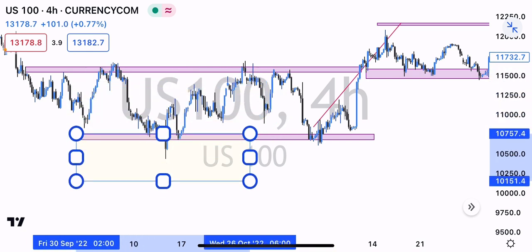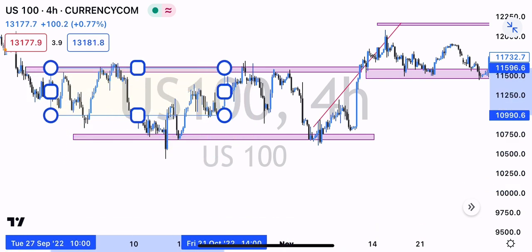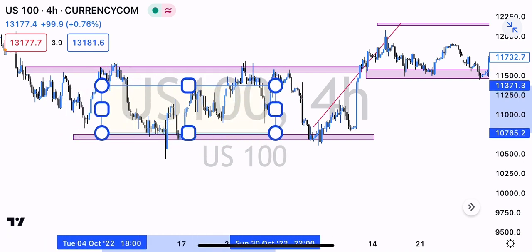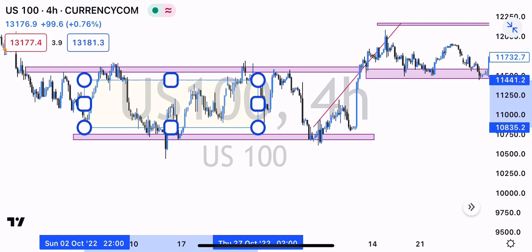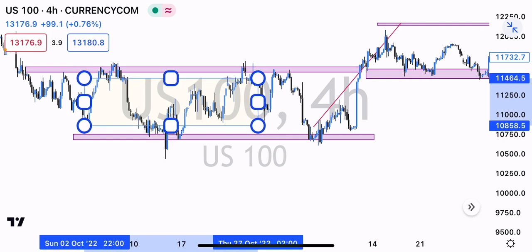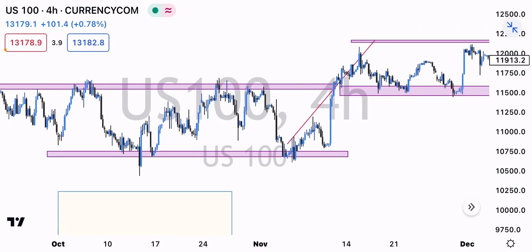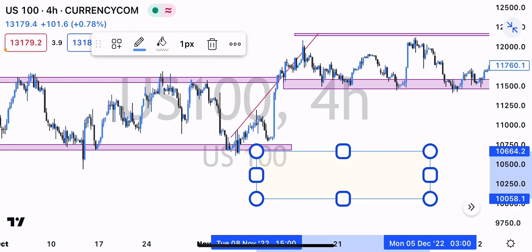Support is this one on the downside, and resistance is this one on our upper side. So the market structure of Nasdaq US 100 H4, where every candlestick represents 4 hours. This is H4. But those are just basic knowledge which we shouldn't even talk about.